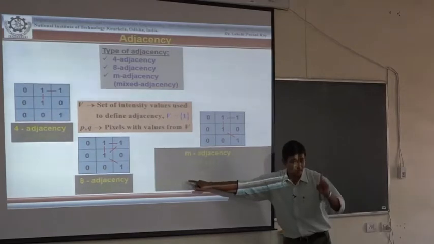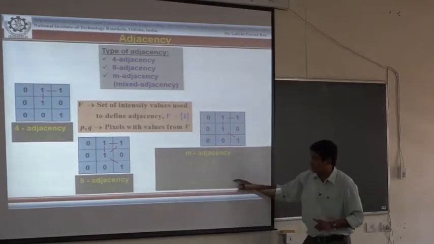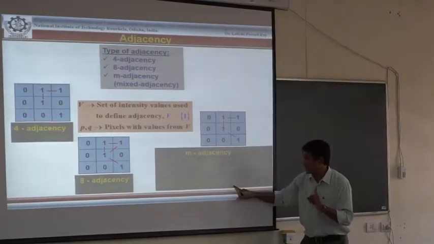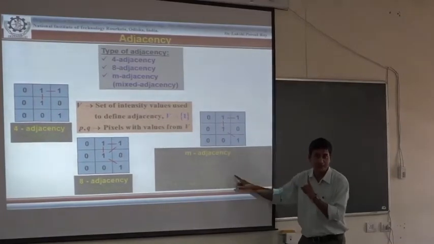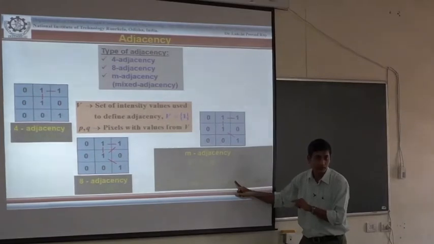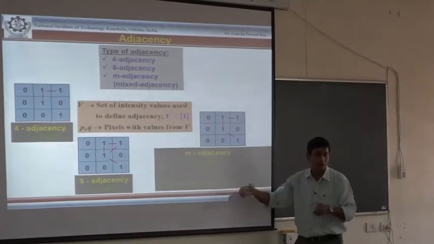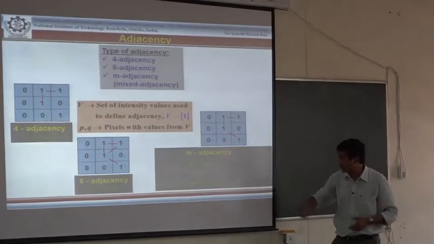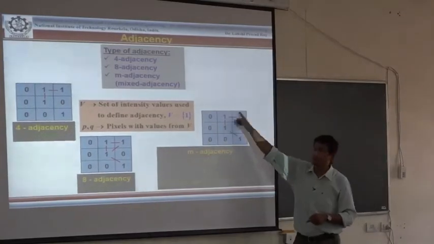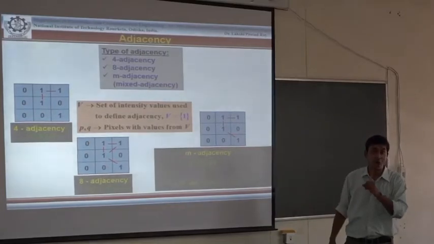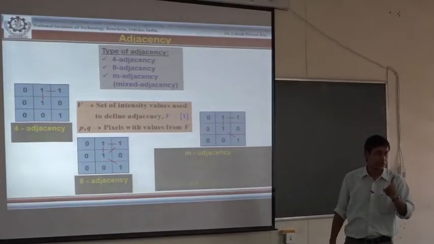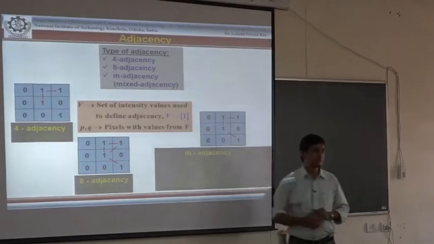because it has to be diagonal, and then the intersection of N4P and N4Q, which will be another set with some intensity values either 0 or 1, as in the example we have taken, should not be within this.